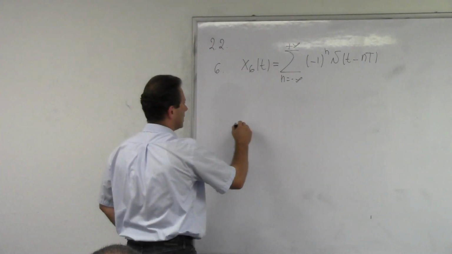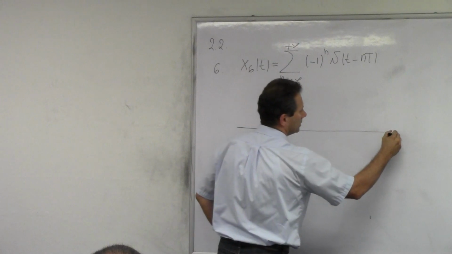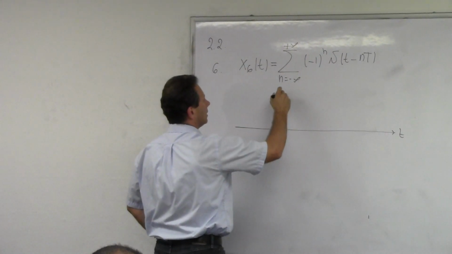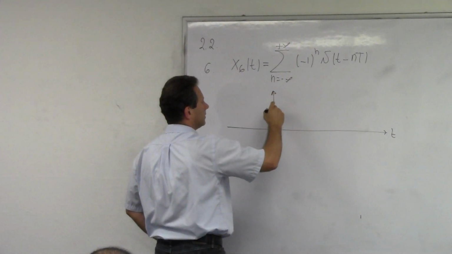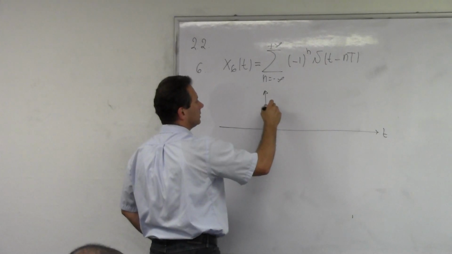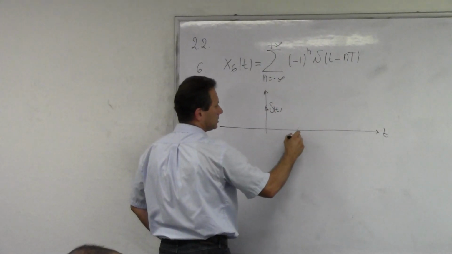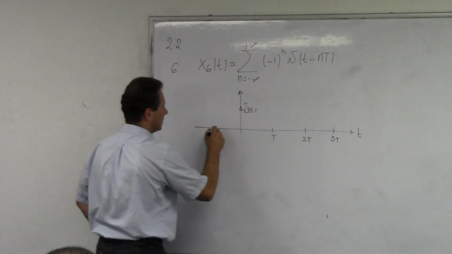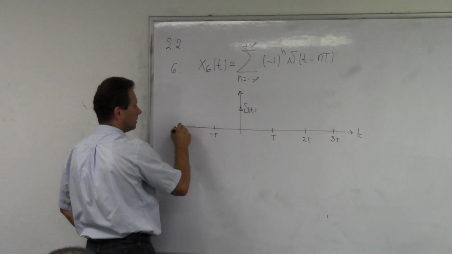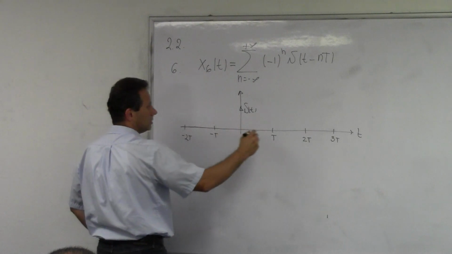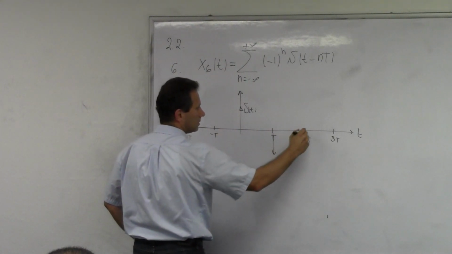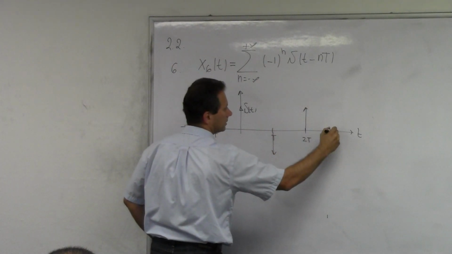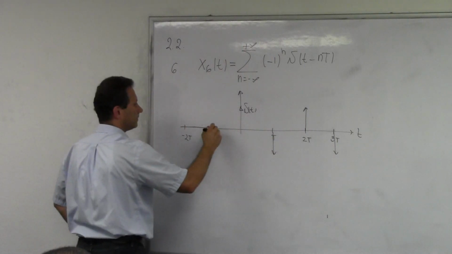So let me just sketch it. This is t. This is how this one looks like. For n equals 0, it's delta of t. And this is T, 2T, 3T, minus T, minus 2T, right? So that's how this signal looks like.